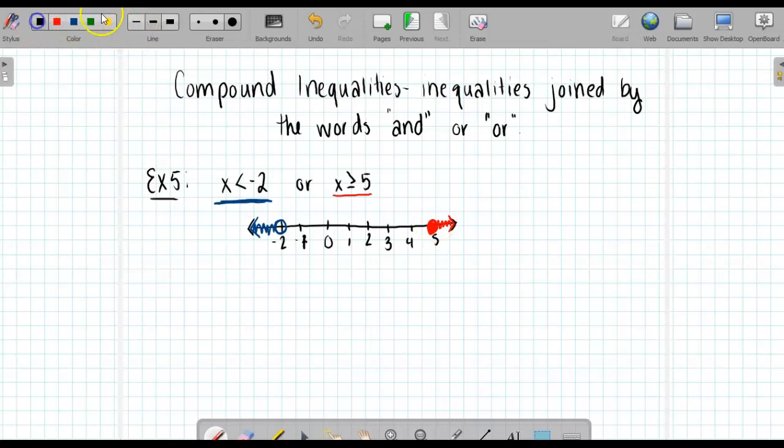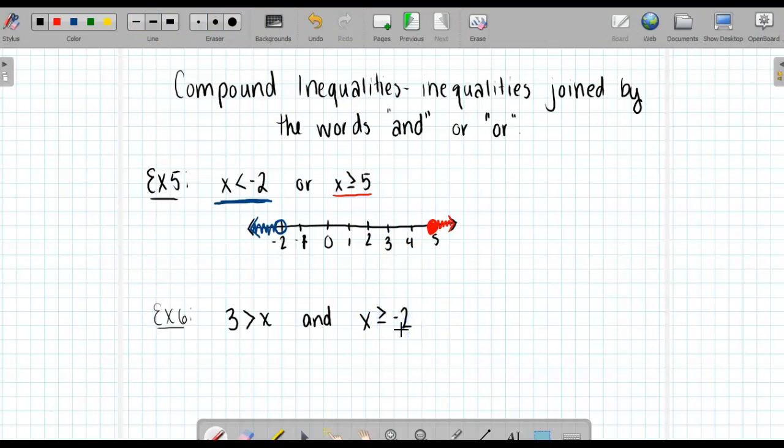However, whenever I have an example like example 6, I may have 3 is greater than x, and x is less than or equal to, hold on, let me change that real quick so I get one that works out better, greater than or equal to negative 2.